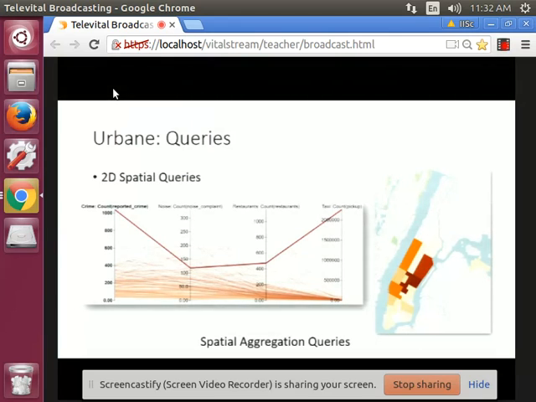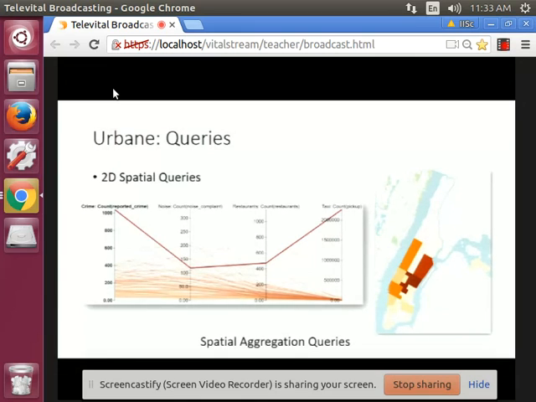Or I can change the polygons: from neighborhoods I can switch to zip codes, or go to the building level. That is also a spatial aggregation query, but the join is more like a distance join. For each building, I look at all the points within a given neighborhood or radius of that building, and group by that.